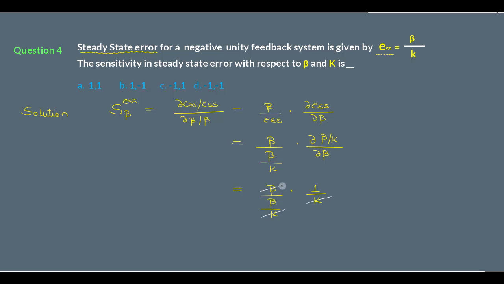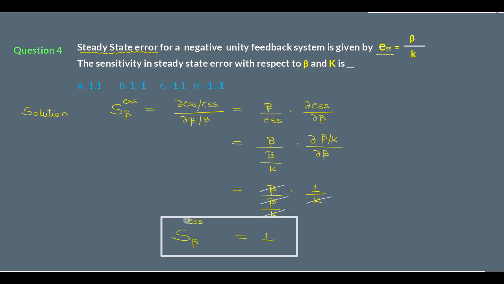This K, this K, this beta, this beta. So you have only left with answer 1. So the sensitivity S of a steady state error ESS with respect to beta is 1.